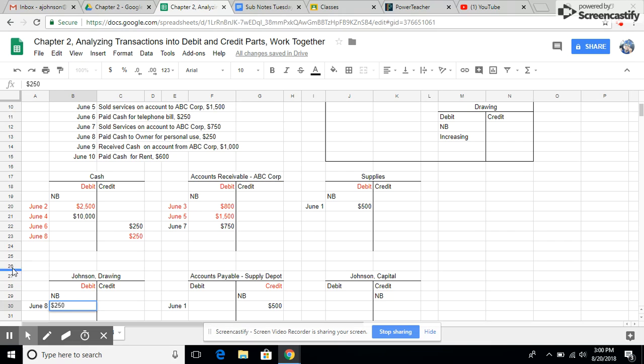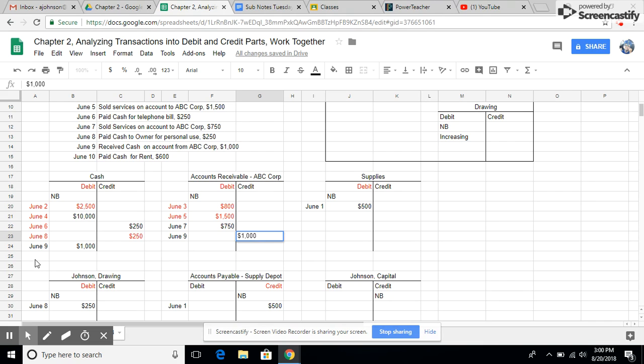June 9th, we received cash on account from ABC Corp. So ABC Corp is making a payment to us. So we're receiving cash. So June 9th, which means our cash is increasing. So that is going to be a debit. And then we are also decreasing the amount that ABC Corp owes us. So that will be a credit for the accounts receivable ABC Corp account. And then our last one is June 10th.